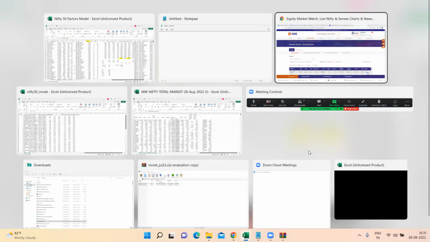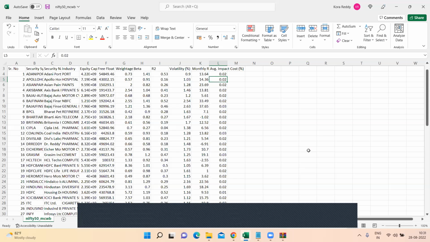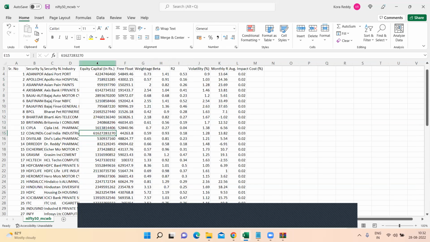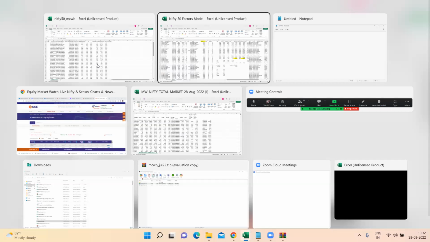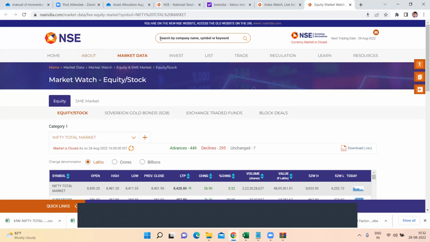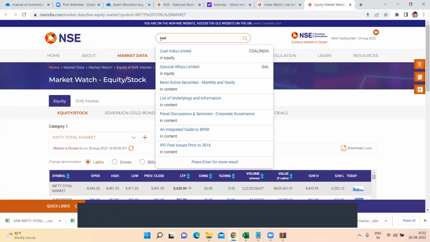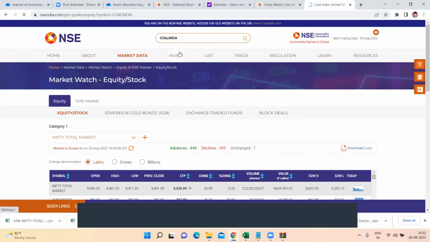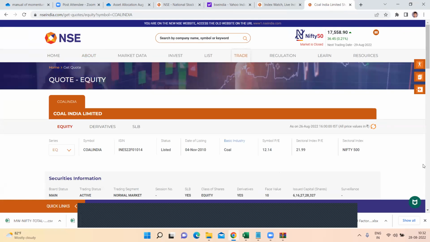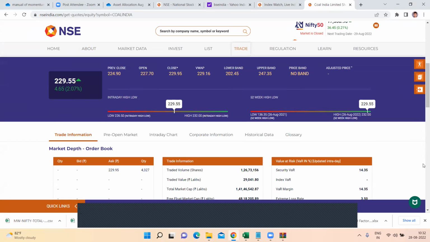Coal India is entirely held by government. Total market cap is about 141, right?